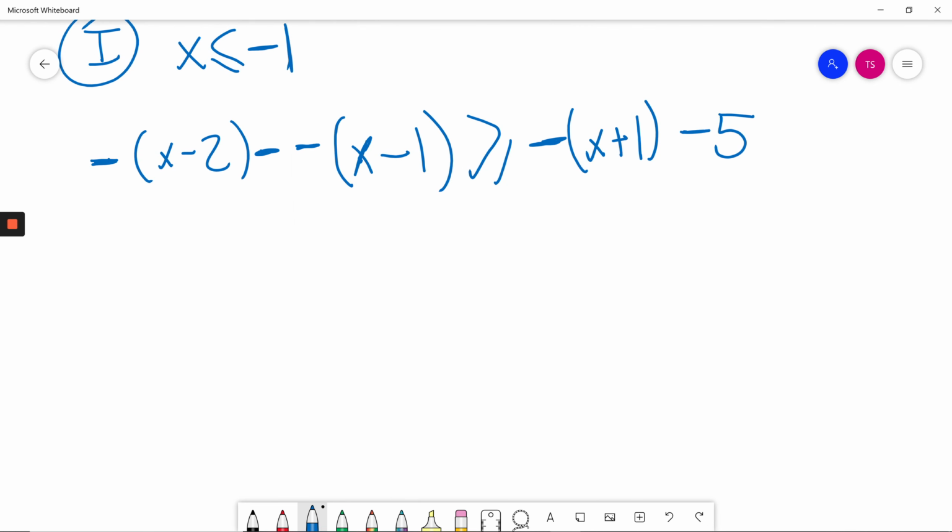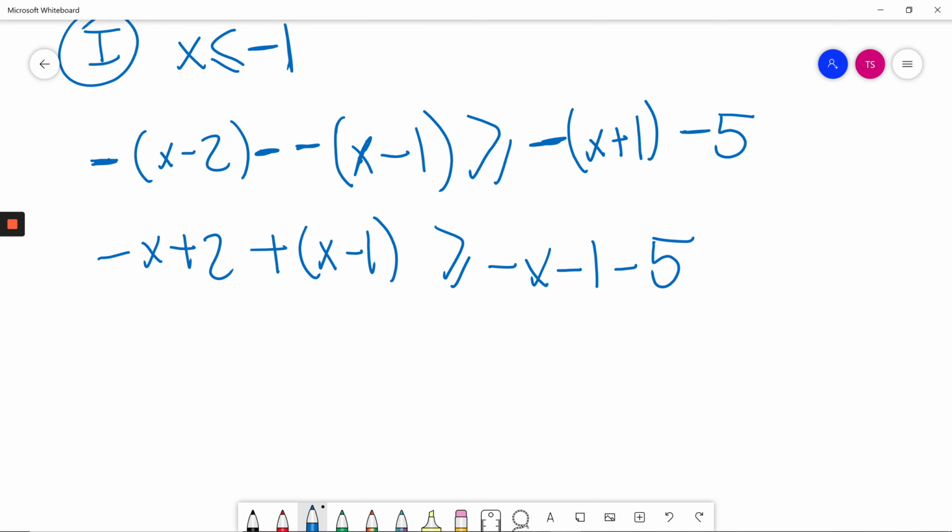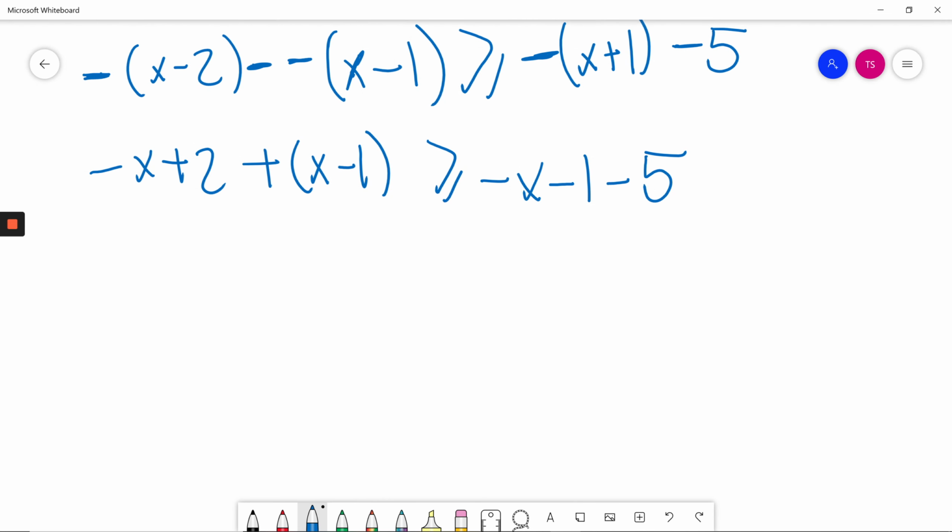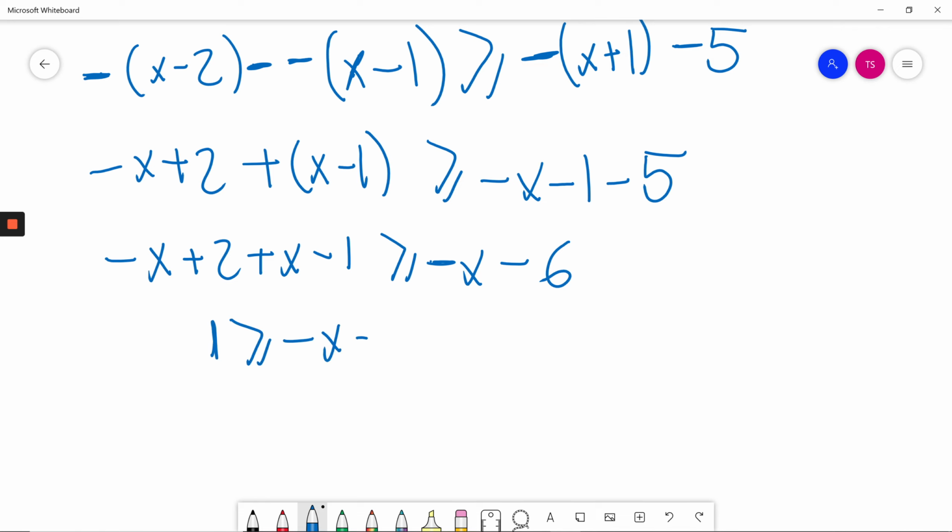And now I'll just solve this inequality slowly. At this moment I will do plus x and minus 1 straight away on both sides.